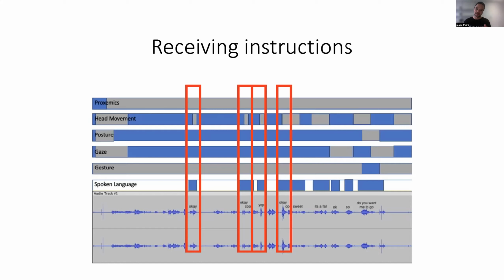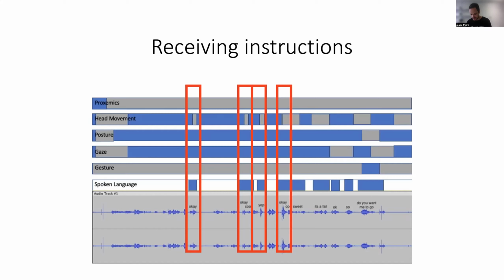But what I want to also highlight is the way that proxemics, posture, and gaze all remain stable. And so it's through the stability of some modes, and the coordination of other modes, head movement and spoken language in this case, that produce the particular sense of the action receiving instructions. And that action becomes very obvious, very clear. This person is producing this action, receiving instructions.